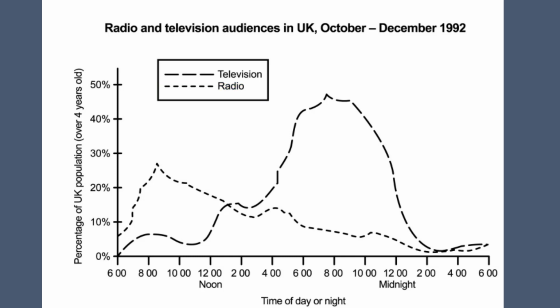So first of all, let's have a look at the radio audience. The radio audience at 6 a.m. was below 10%. As people began to wake up and to get ready for work and school and university, the audience rose significantly, and reached a peak at around about 8:30, just below 30%.